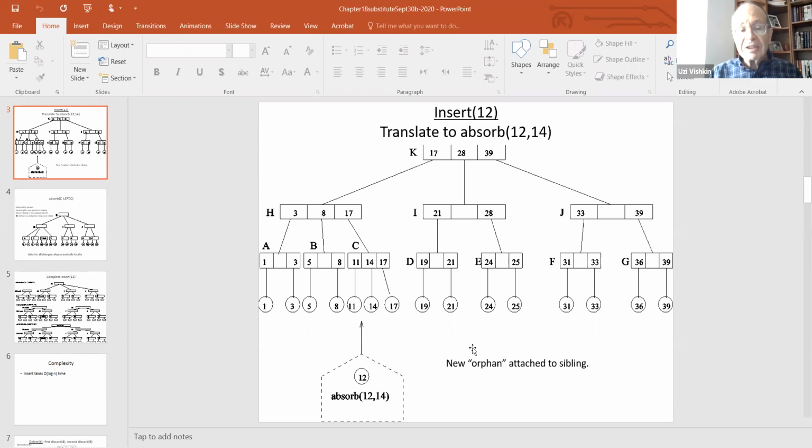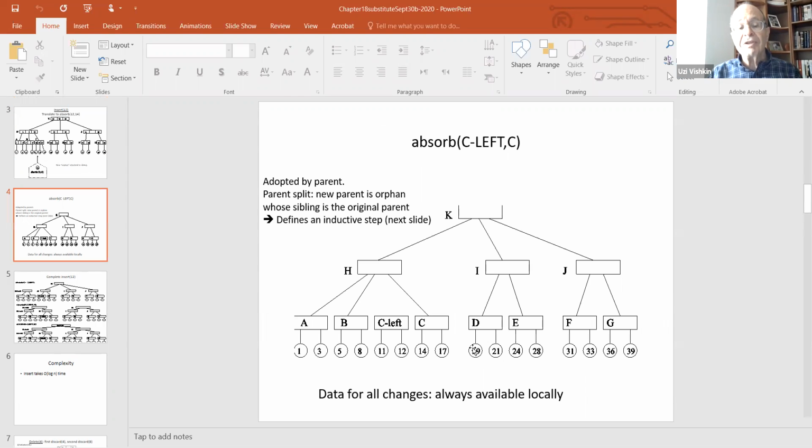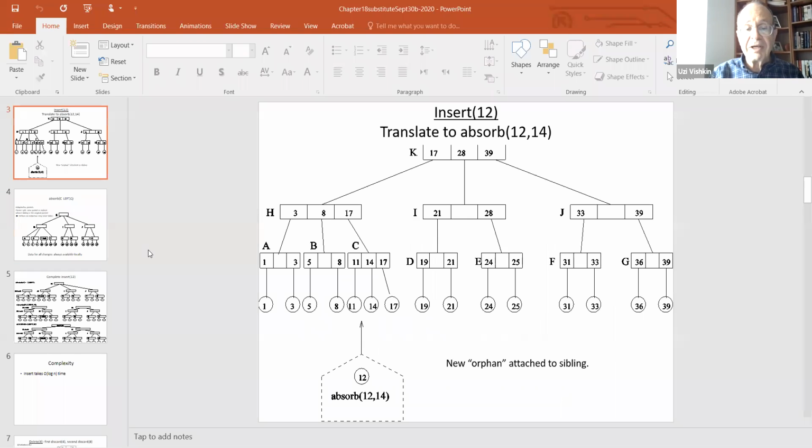The one thing that I still need, I believe, to convince you of is that when it comes to updating the values, which I sort of swept under the rug, because obviously, as I go up, I need also to revise the values that sit in these internal nodes, right? In the same way that here I had 11, 14, and 17.